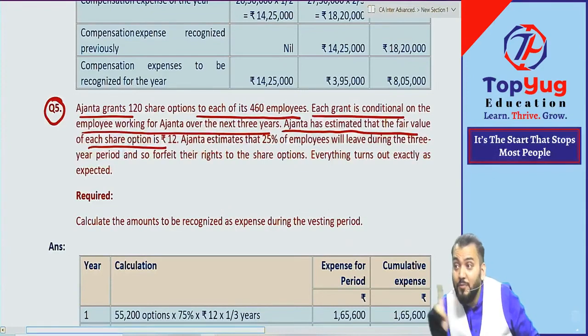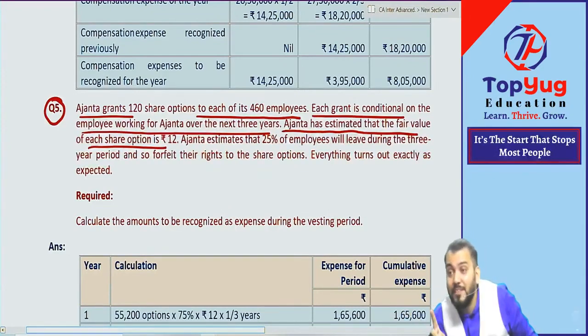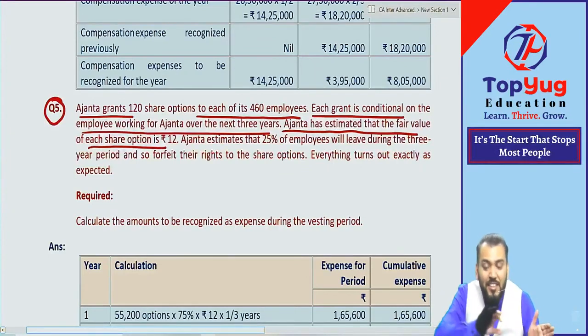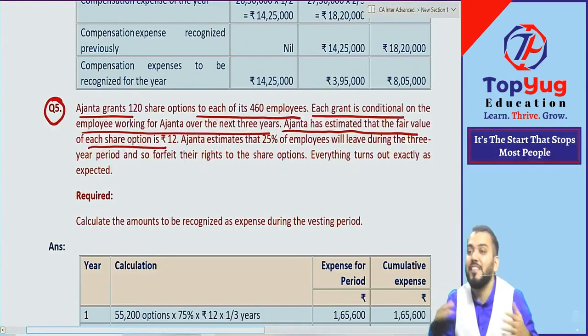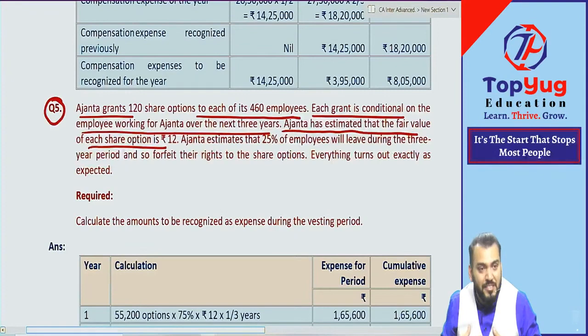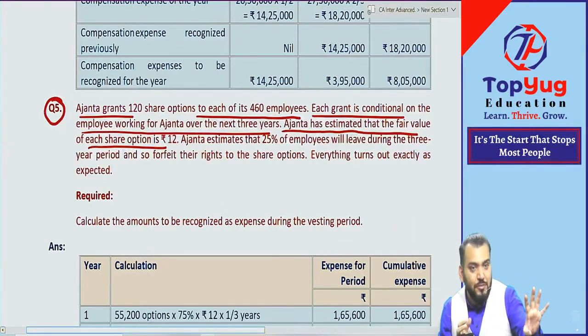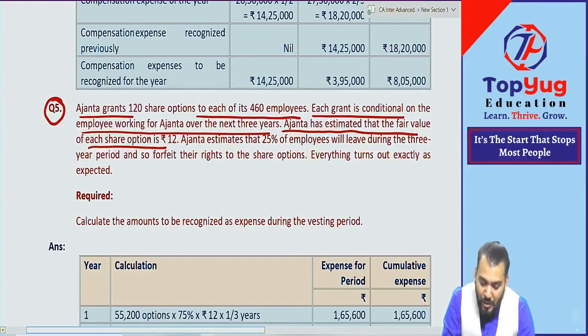Fair value of shares is not required. What is required? Fair value of option. Option is different. Shares is different. Option means right. Option means my right. Correct? And the value of the right is determined from the fair value of shares. Understood? Have you understood this point? So in this it is options only.